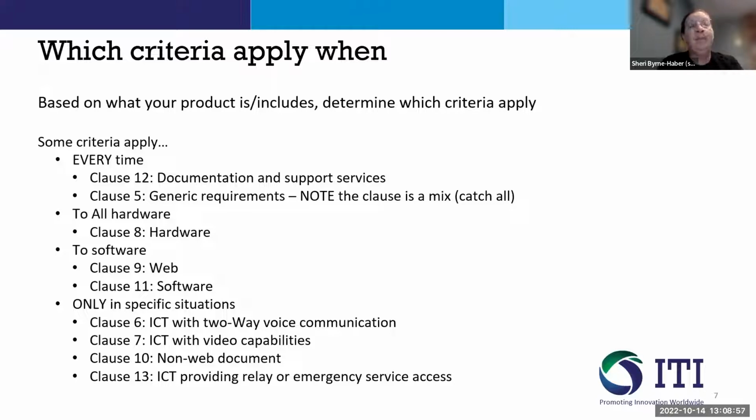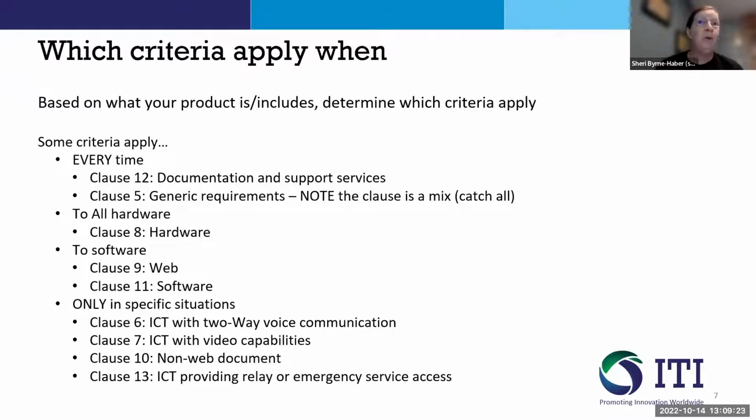Some criteria apply to every product all the time. So for example, clause 12 for documentation and support services, nobody just sells products by themselves. There's always documentation. There's almost always support services. So that clause is going to apply to every EN 301549 ACR VPAT that you ever fill out.